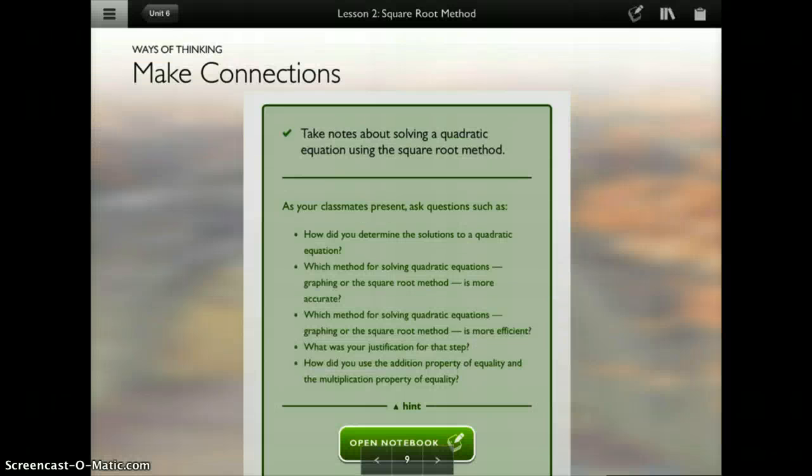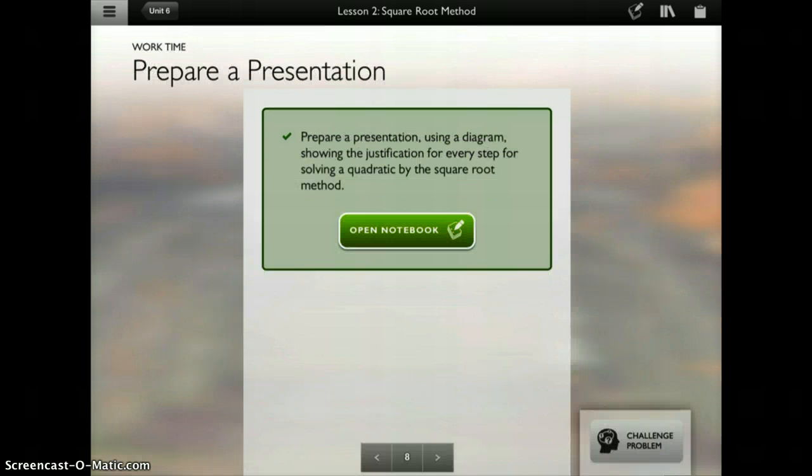Okay, so here's slide 9. It says, take notes about solving quadratic equations using the square root method as your classmates present. You should be writing notes. Slide 9 is based on the presentation that you created in slide 8. So whatever you have on slide 8, on this slide, we will share. Be ready to share on Wednesday so we can review this.